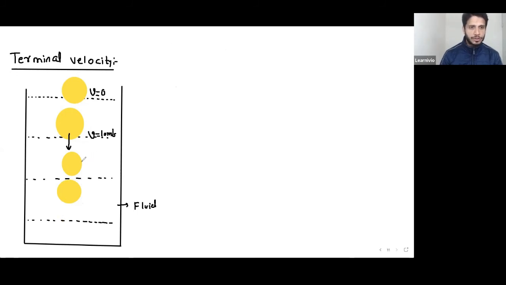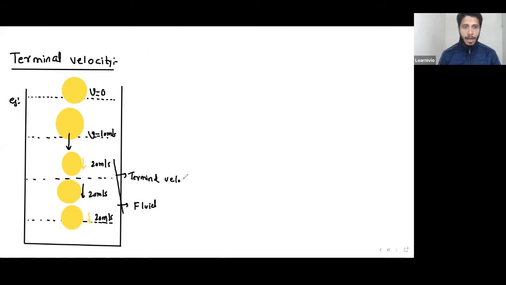Then suddenly its velocity becomes constant. First the velocity will increase, and then at a certain velocity it becomes constant. It keeps on falling with the same constant velocity of 20 meters per second. We will see why it happens, under what condition it happens, but this is what we call the terminal velocity.